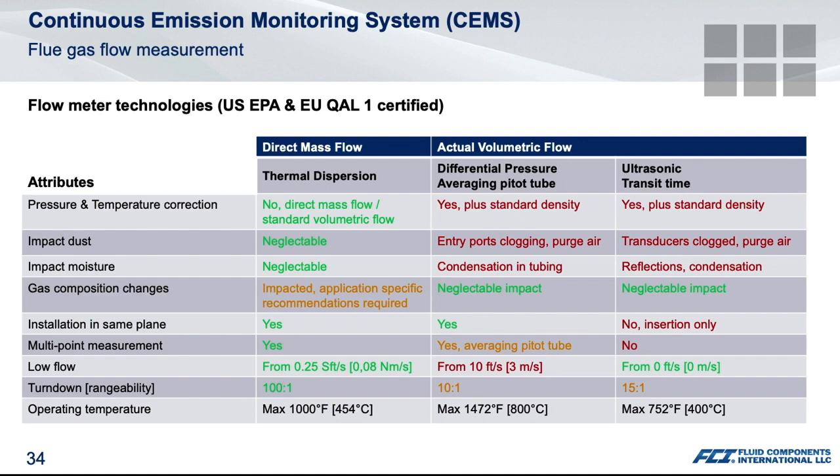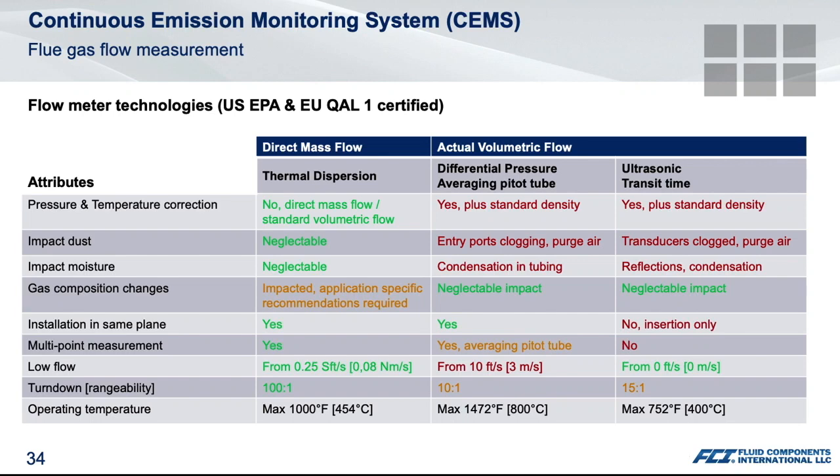Gas composition changes are required to be evaluated for thermal dispersion as these impact the instrument. However, it really depends on the type of gas composition changes, and application-specific recommendations are required. For pitot tubes and ultrasonics, there is negligible impact regarding the gas composition changes.